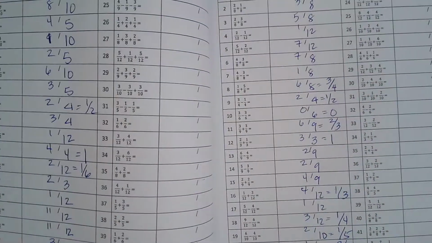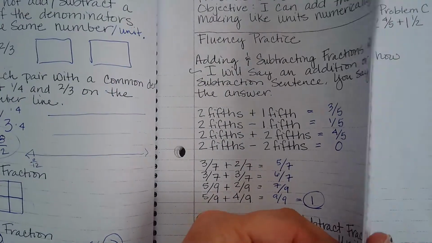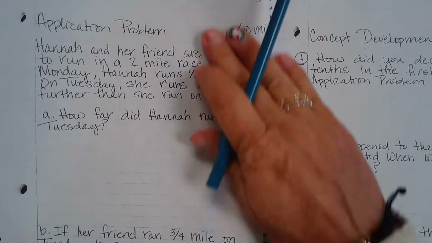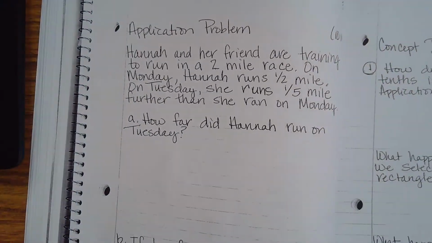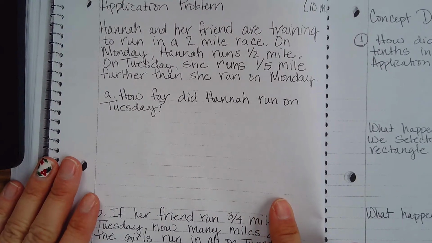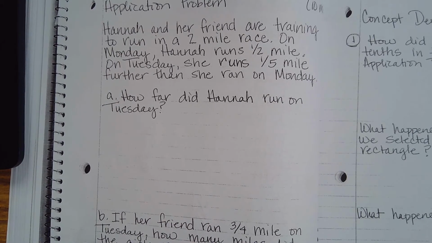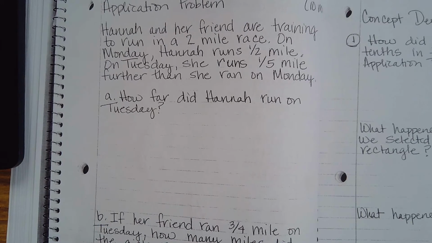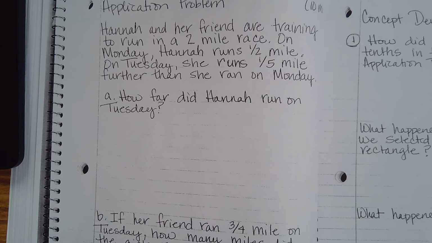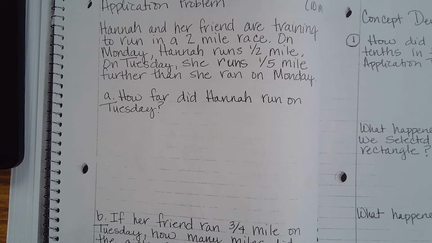All right, come on back to our class notes, and you're going to take on this application problem. Then you're going to come back and debrief. So Hannah and her friend are training to run a 2-mile race. On Monday, Hannah runs 1/2 mile. On Tuesday, she runs 1/5 mile further than she ran on Monday.